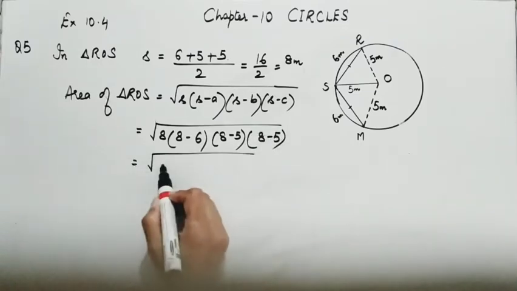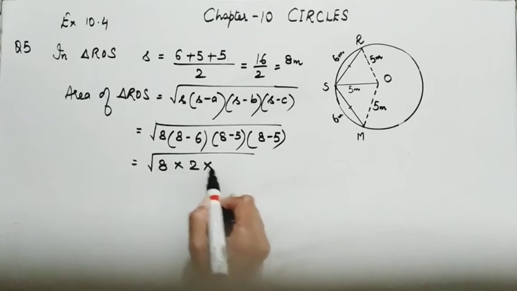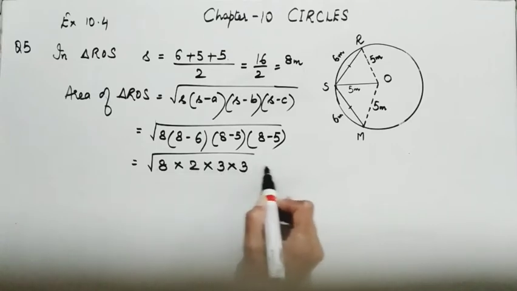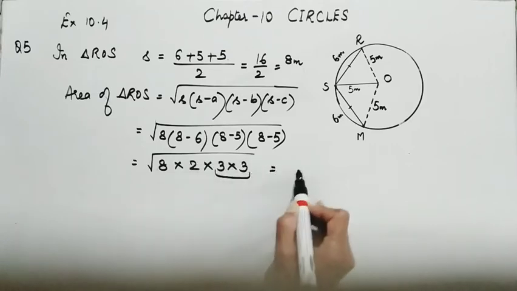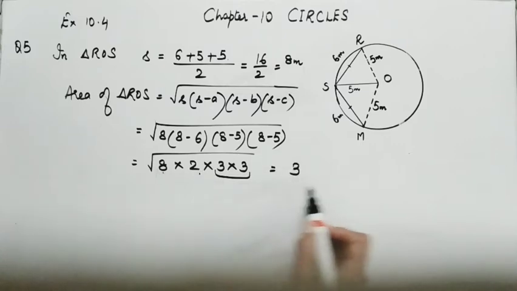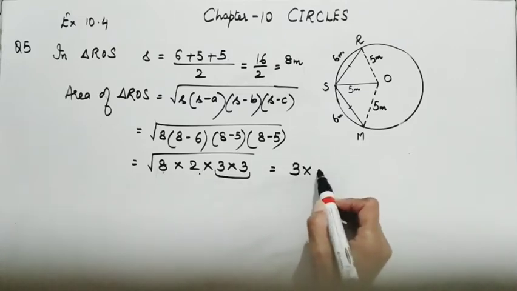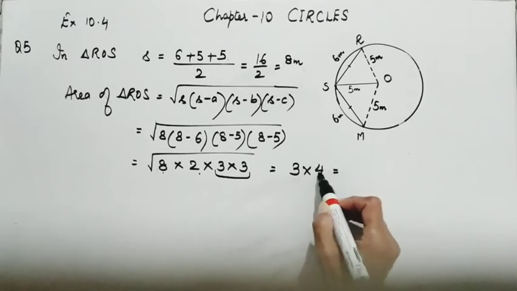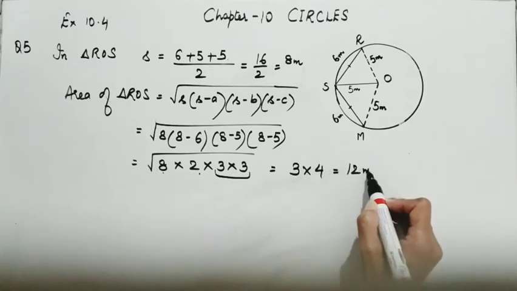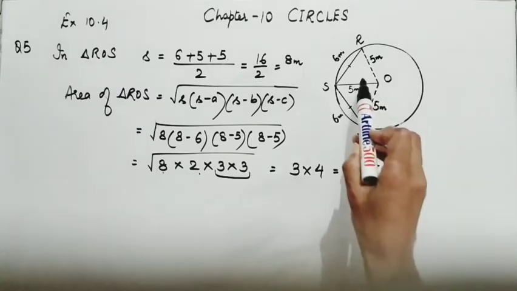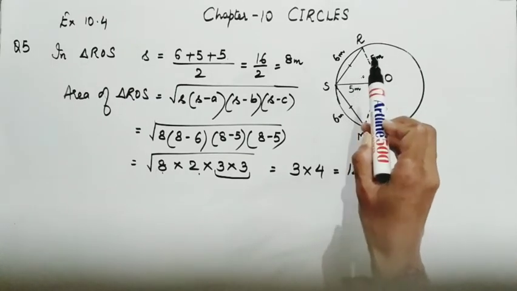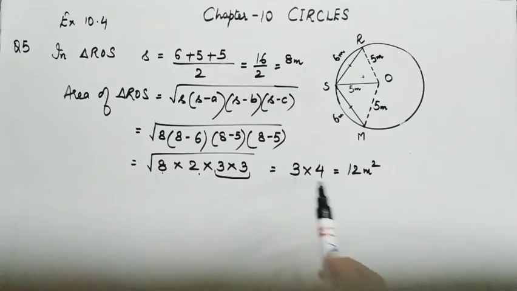This becomes 8 into 2 into 3 into 3. This is paired up, 3 comes out. 8 into 2 is 16. 16 is perfect square of 4. So this is 3 into 4 makes it 12. So area of this triangle is 12 meters square.